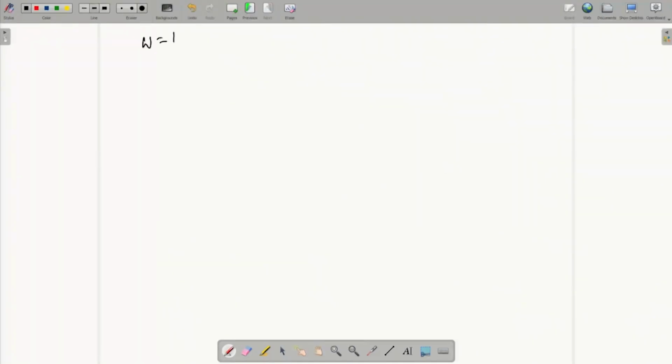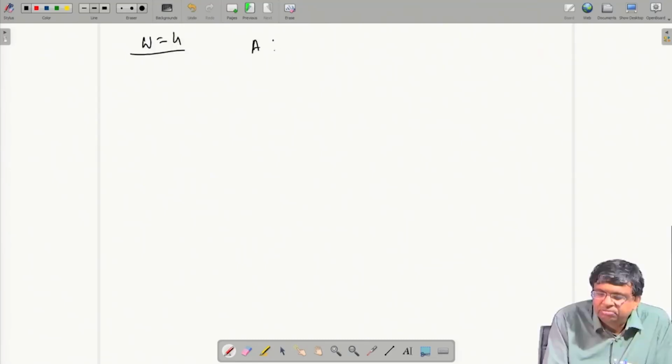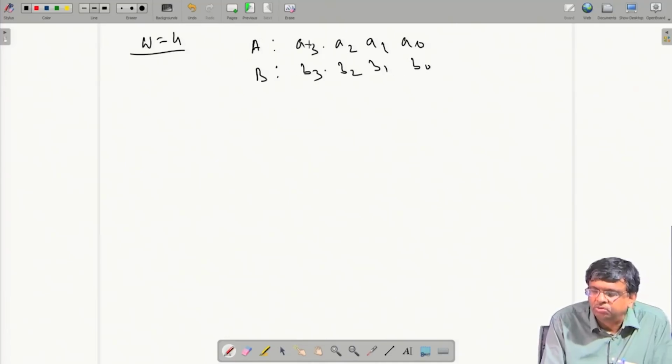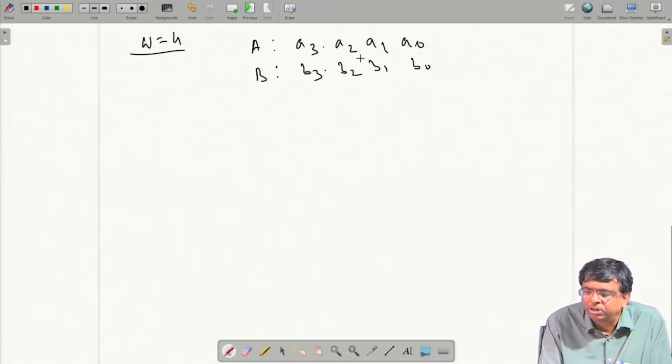So, for W equal to 4, A is nothing but A3 dot A2, A1, A0, and B is nothing but B3 dot B2, B1, B0. I repeat, whenever I write this expression, these are binary. So, that time it is binary 0 or binary 1, and the arithmetic employed is binary arithmetic. Here I cannot put a minus and all that, but the moment I take the decimal expression under the 2's complement system formula, there I can take them as decimal variables and do anything I want.